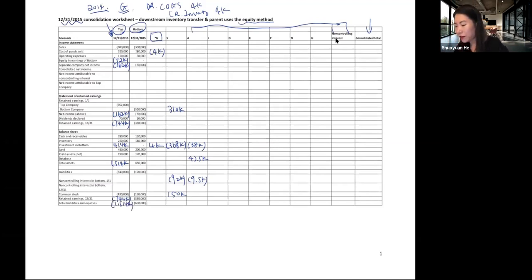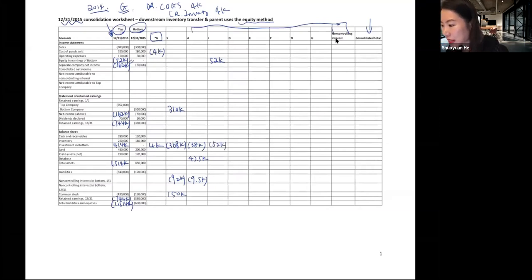Okay, so we have all of the numbers here. So consolidation entry I, the purpose is just to eliminate this number, 52,000, which is recognized by the parent. In order to eliminate this number, we debit 52,000 and we credit investment account for 52,000.